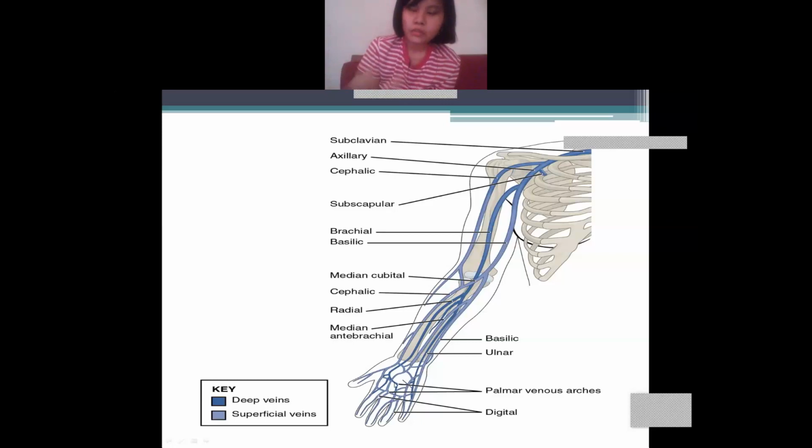So you have to know which vein is situated where. Not only the types of veins, you need to know that also.